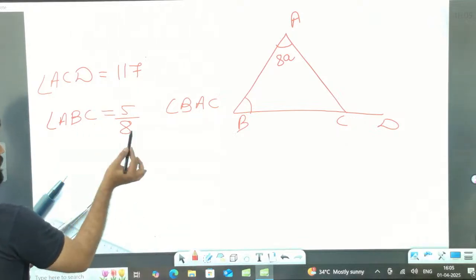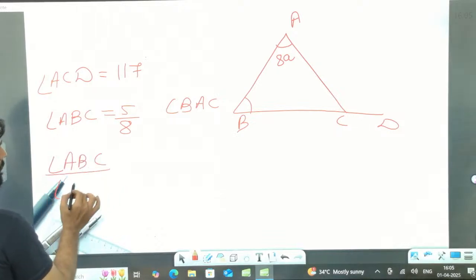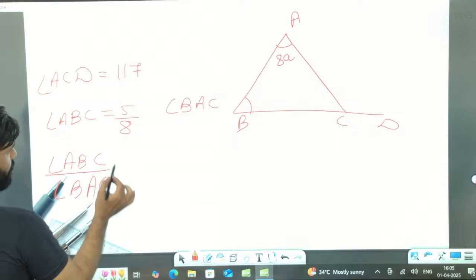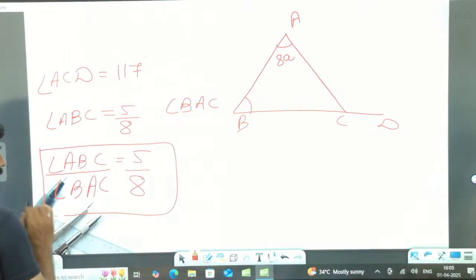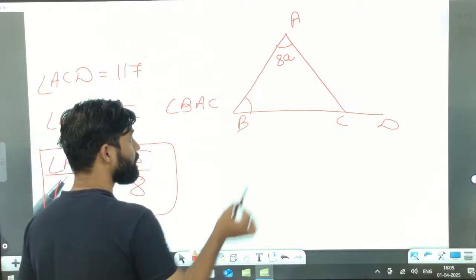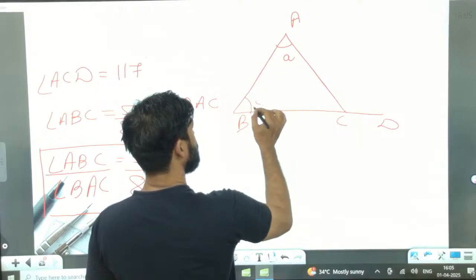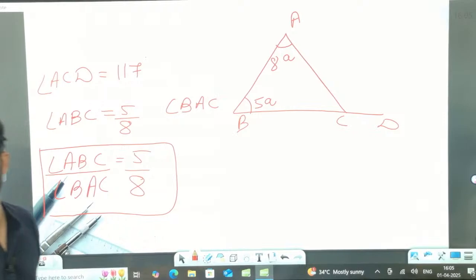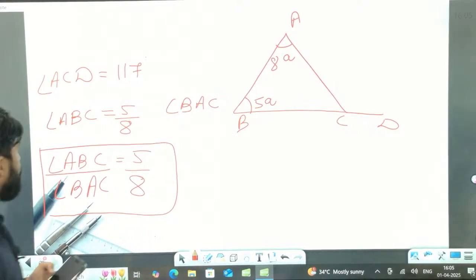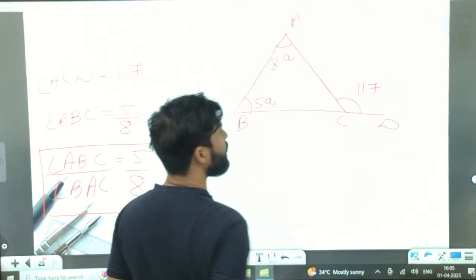ABC upon angle BAC equals 5 by 8. So in this, angle ABC is 5A and this is 8A. Okay, and ACD is 117 degrees. What we have to find out?